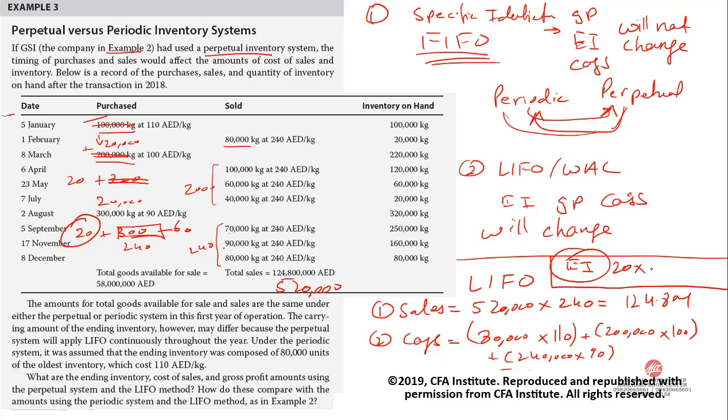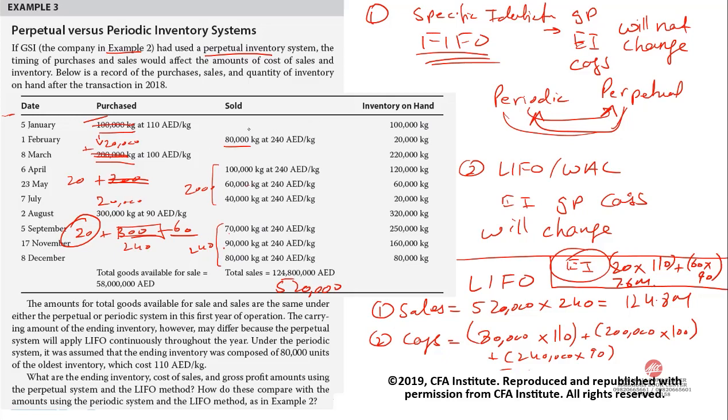So 20 multiplied by 110 plus how much is left? 60 multiplied by 90. So our ending inventory would be 20,000 multiplied by 110 plus 60,000 multiplied by 90. So our total ending inventory is 7.6 million.